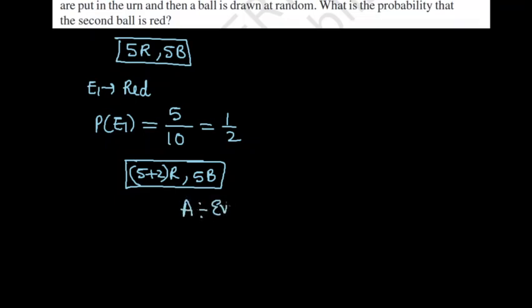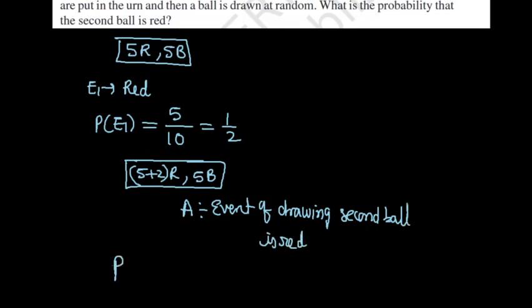With respect to E1, the conditional probability: if I drew a red ball first, there are now 7 red balls out of 12 total balls. So the probability of drawing a red second ball is 7 by 12.